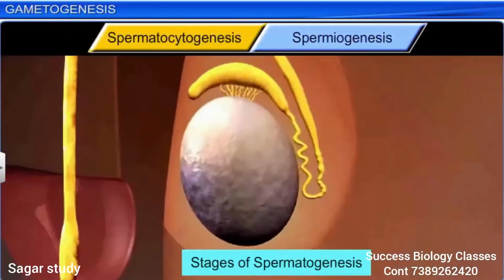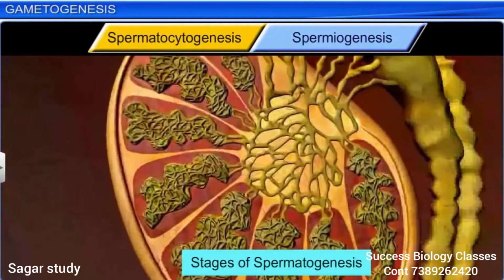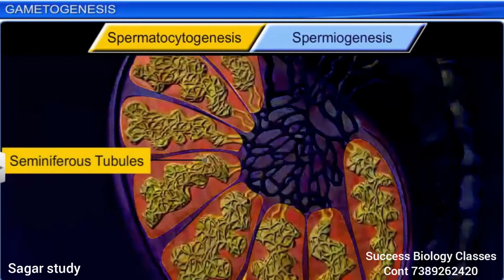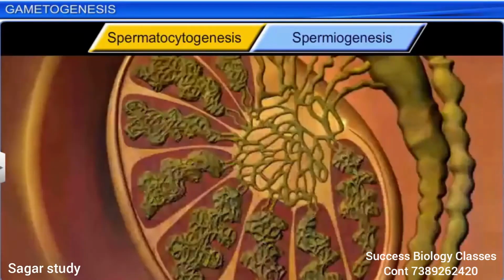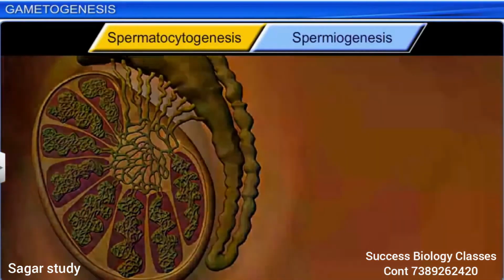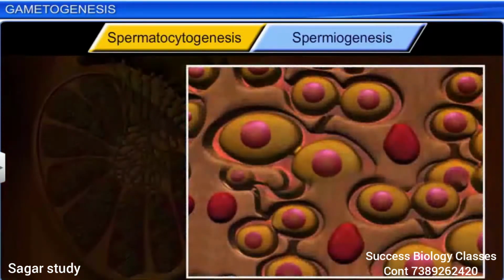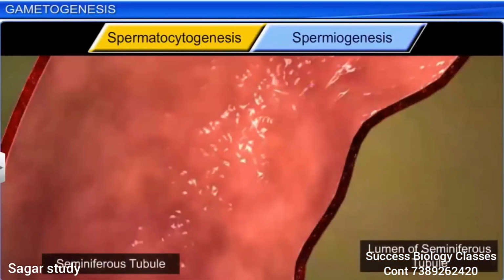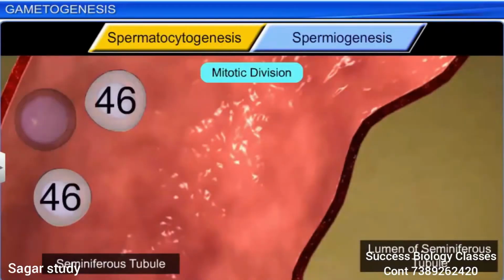Spermatocytogenesis, the first stage, occurs in the seminiferous tubules, whose inner walls are lined with spermatogonia, the diploid male germ cells containing 46 chromosomes. Some of these spermatogonia divide mitotically to form 2 daughter cells.